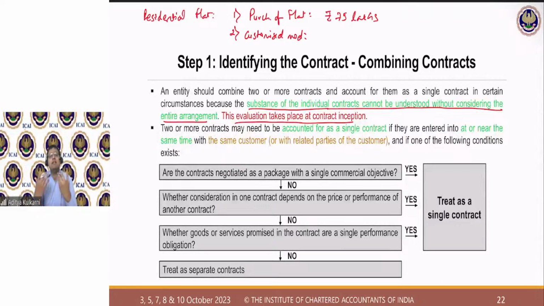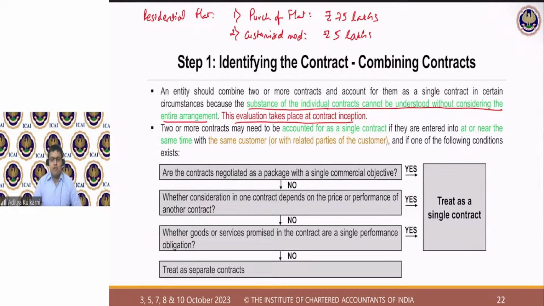So these are certain customized modifications that you suggest to the developer, and he is going to charge separately 5 lakhs for this.